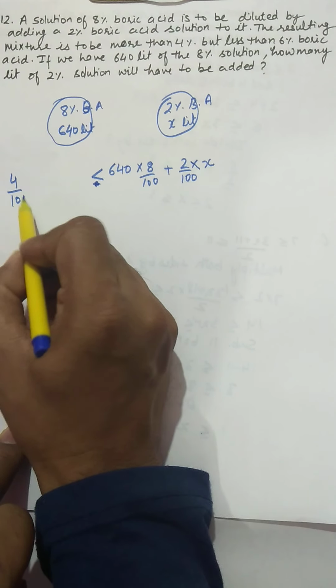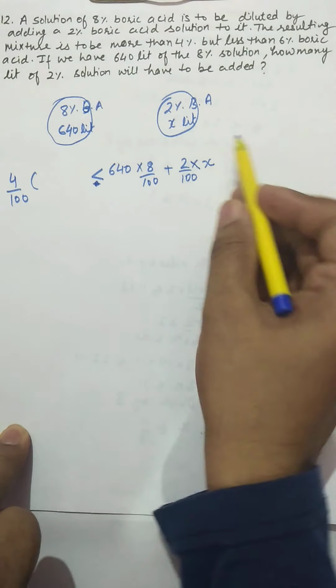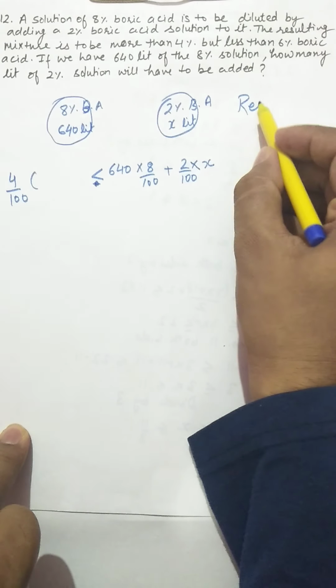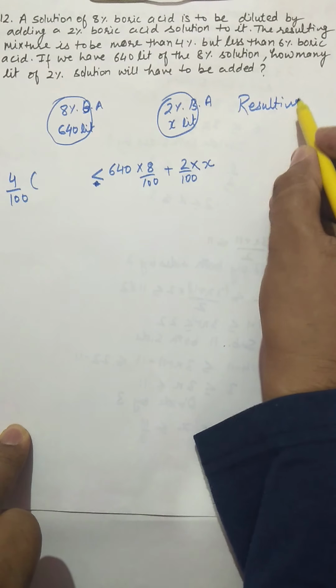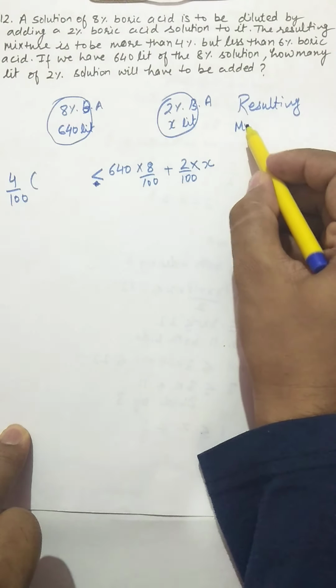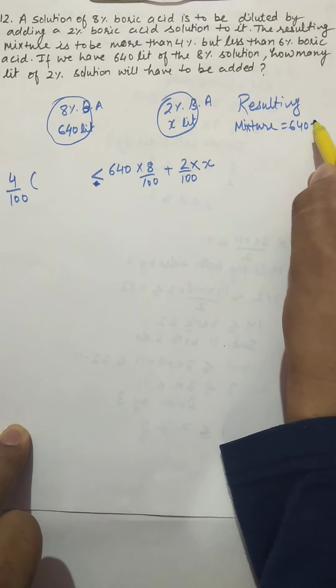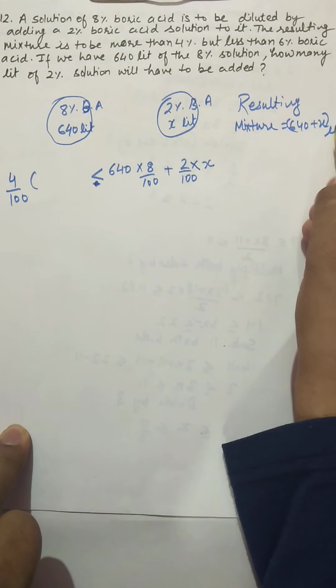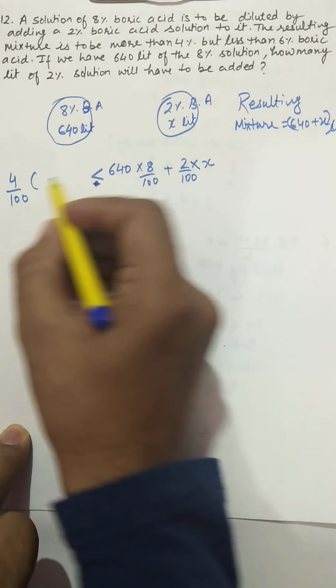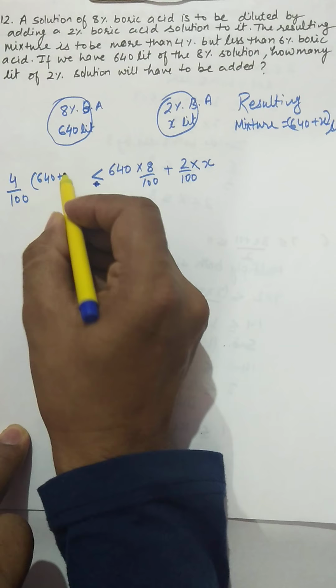Since 4% means this is 4% of the resulting mixture, the resulting mixture quantity will be 640 plus x liters. So this is the resulting mixture, 640 plus x.